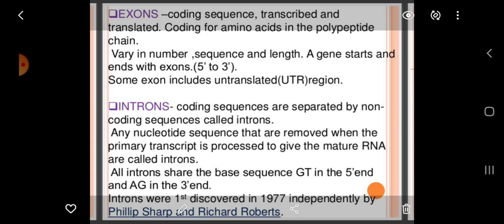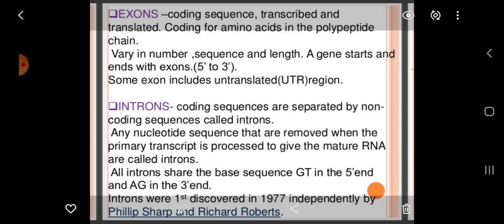Now we come to introns. Exons are coding sequences and are separated by non-coding sequences called introns. Any nucleotide sequence that is removed when the primary transcript is processed to give the mature RNA and functional RNA is called an intron.